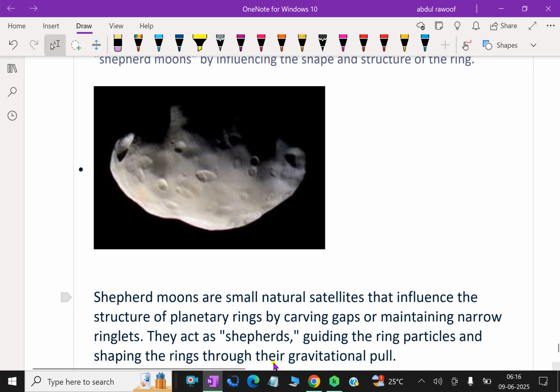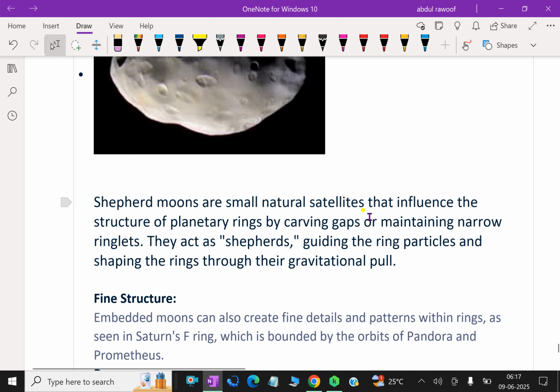They act as shepherds, guiding the ring particles and shaping the rings through their gravitational pull.